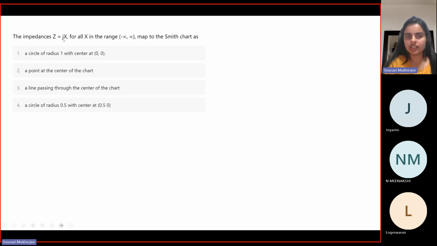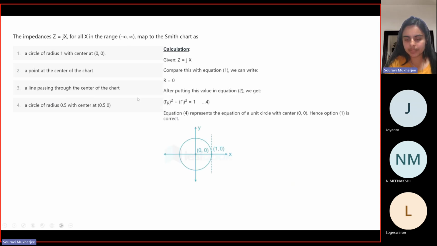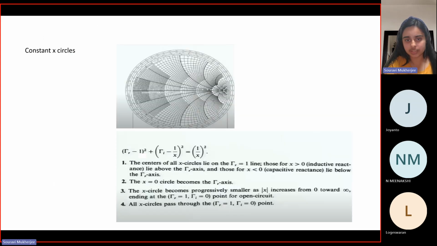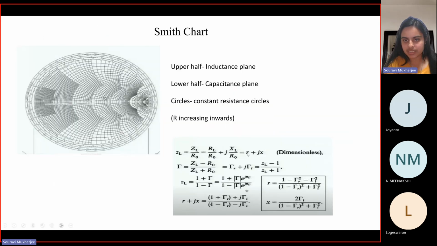So if we compare with the first expression that we discussed, here this is 0, so now you can put R going to 0.